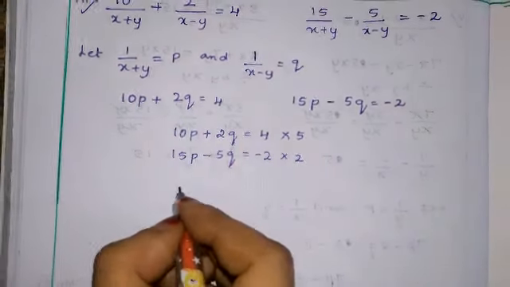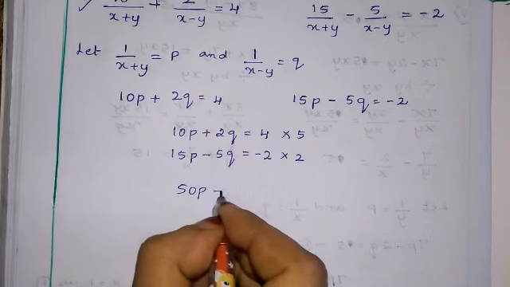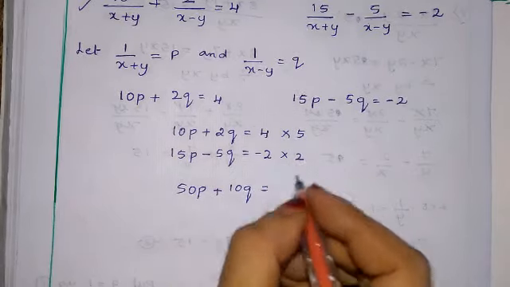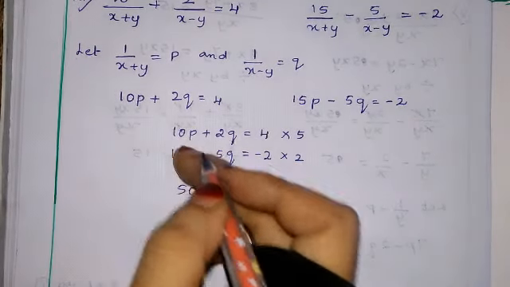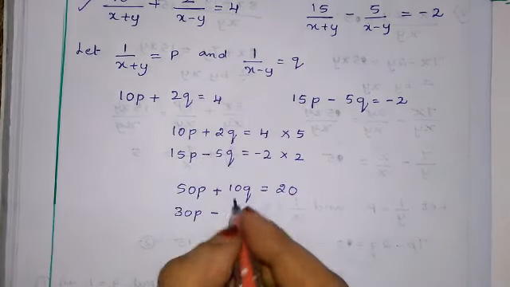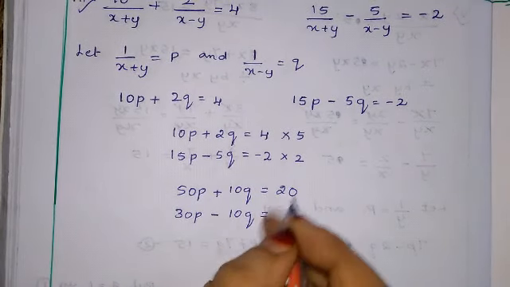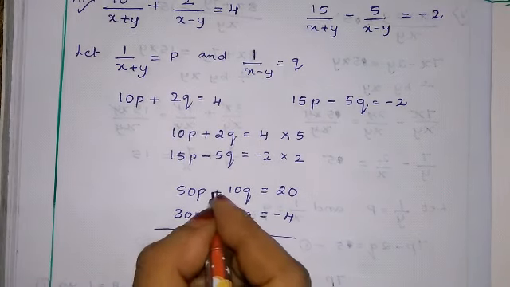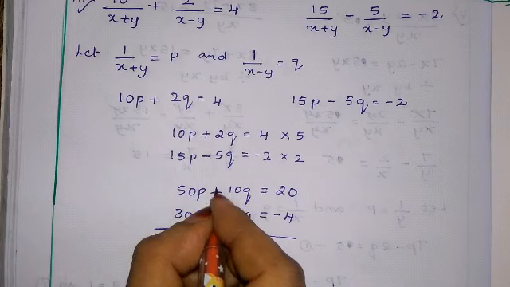So 5 tens are 50p plus 5 twos are 10q is equal to 5 fours are 20. 15 twos are 30p minus 2 fives are 10q is equal to 2 twos are minus 4. Here we can see directly 1 plus 1 minus we have got.